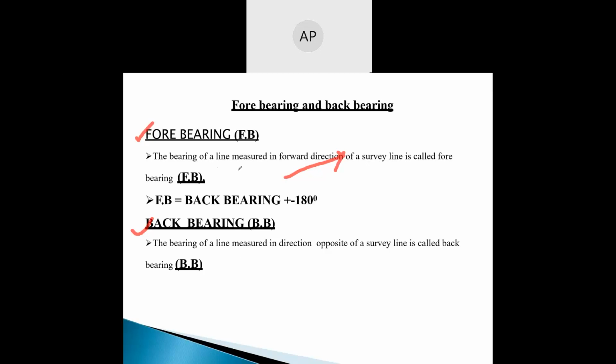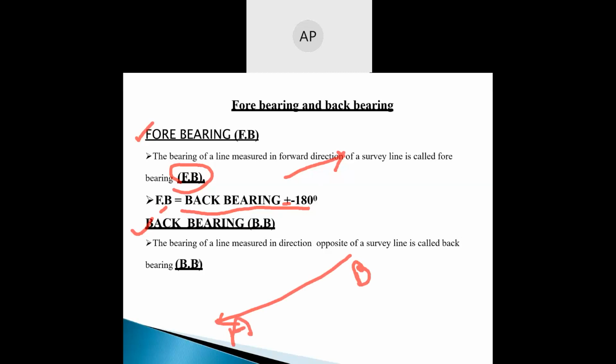The bearing of a line measured in the forward direction of a survey line is called forebearing. In short form, it is called FB. So forebearing is equal to back bearing plus or minus 180 degrees. And what is back bearing? The bearing of a line measured in the opposite direction. Suppose B to A, then it is called back bearing.